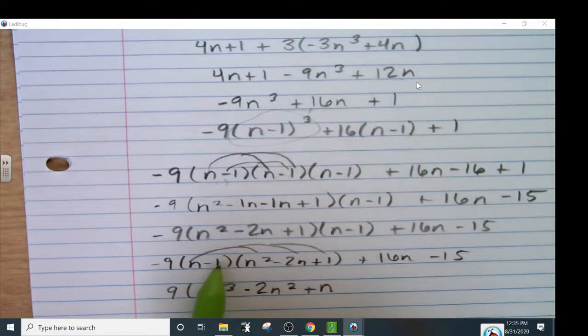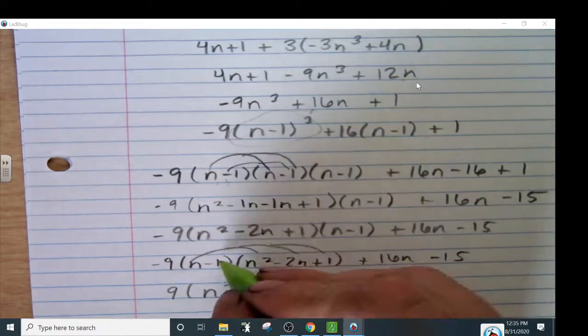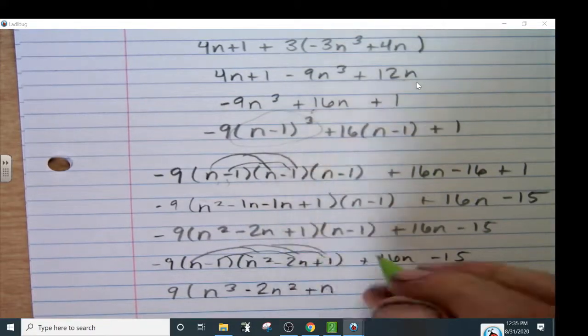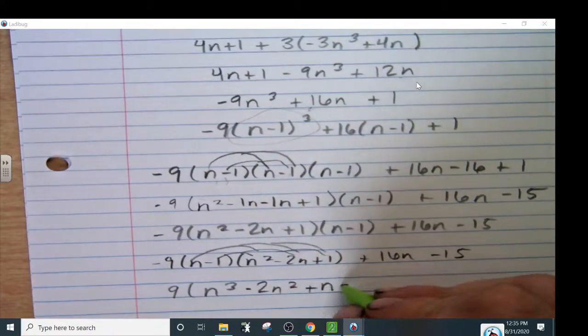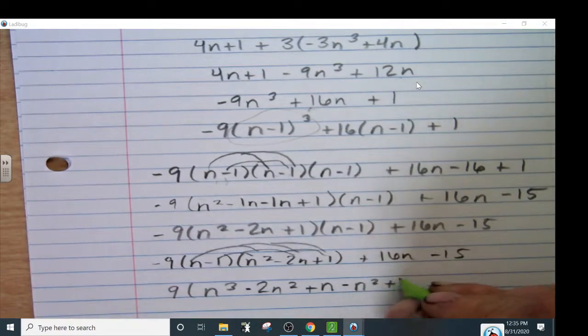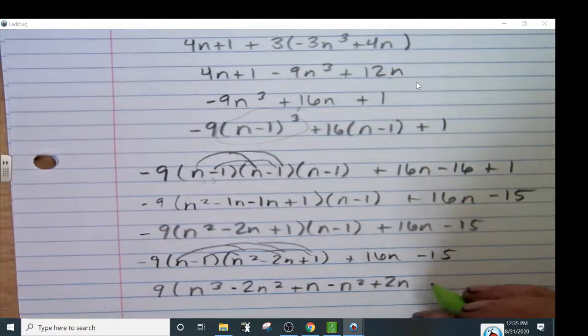All right, now I'm going to distribute the 1n. That's going to be negative n squared plus 2n. Negative 1 times 1 is negative 1.